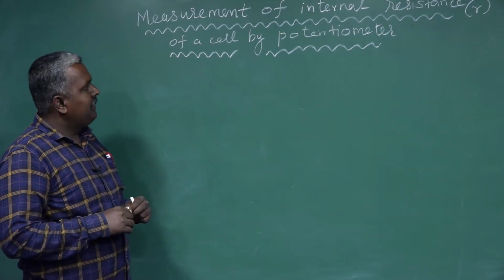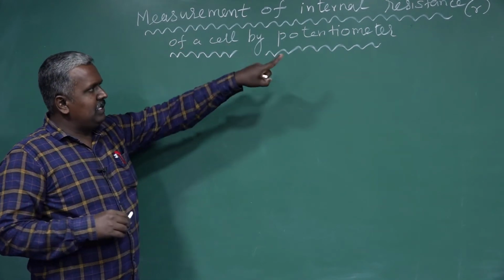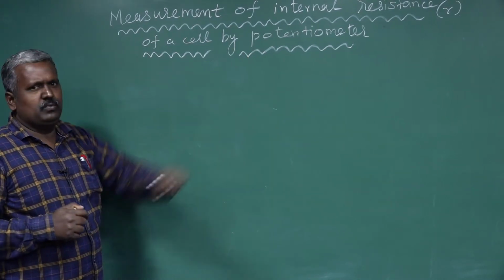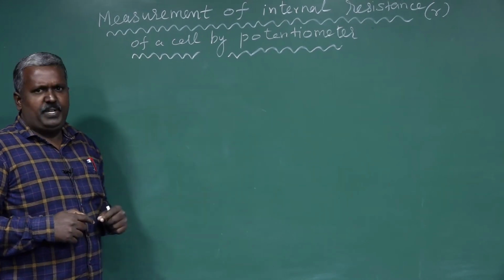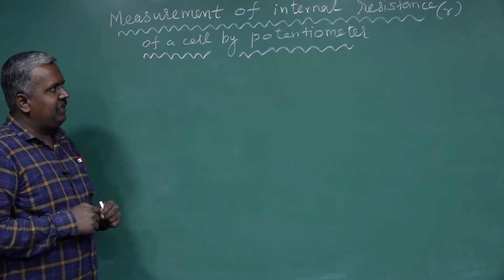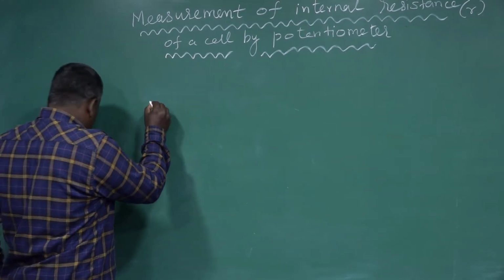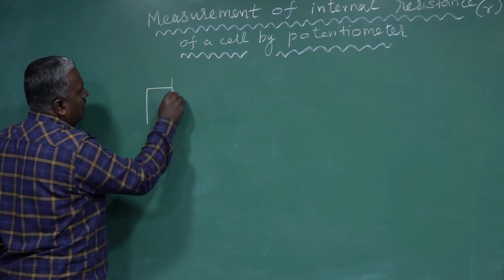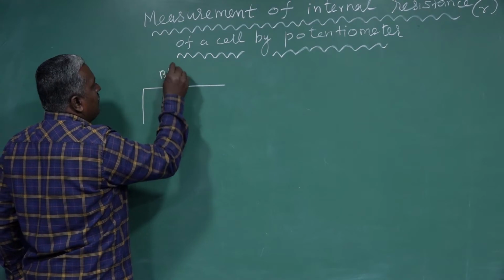Okay. Now, measurement of internal resistance. That means we want to calculate the small r value of a cell by potentiometer. Okay. Then, listen now. So this is the battery.